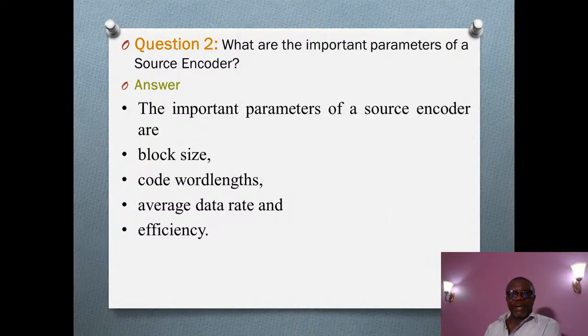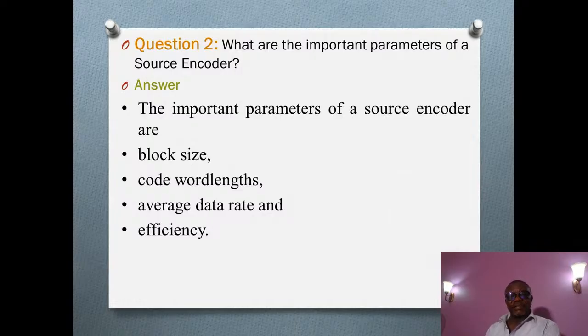So the important parameters of a source encoder are: one, the block size; two, the code word length; three, the average data rate; and four, the efficiency.